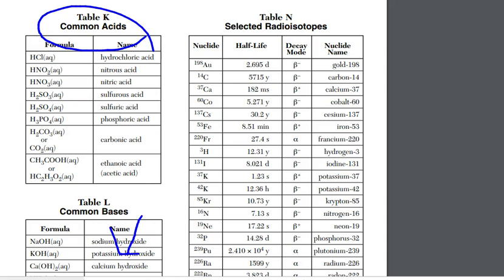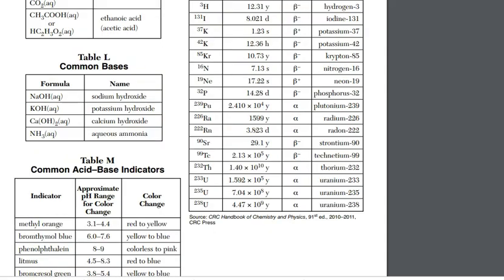One thing, however, with table L. For table K, all of the acids are Arrhenius acids. They also can be defined as acids from the alternative theory, known in class as the Bronsted-Lowry theory. For the common bases, any metal with OH is an Arrhenius base, and is also a base based on the alternative theory, and you see the OH.